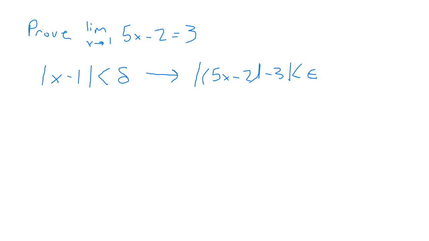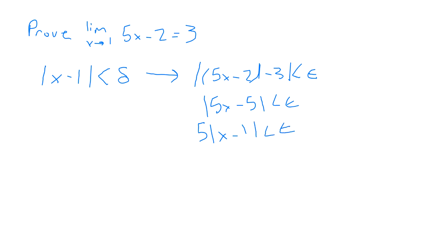So let's combine this a little bit more. Let's change this down to 5x minus 5 is less than our epsilon. Well, there's something interesting going on here. Let's factor out a 5, so we have 5 times x minus 1, which is less than our epsilon.